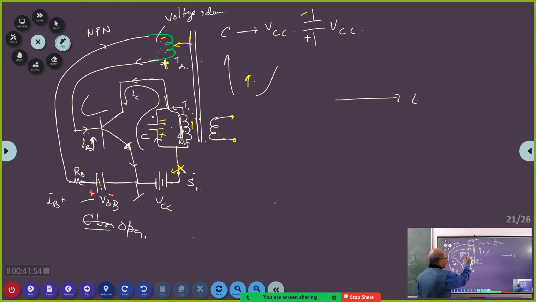If this current increases, again this current will increase, and that will keep on going. So IC will start increasing, and IB will also start increasing. Is it clear?